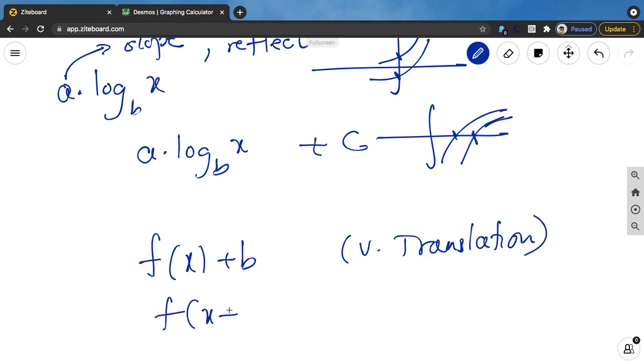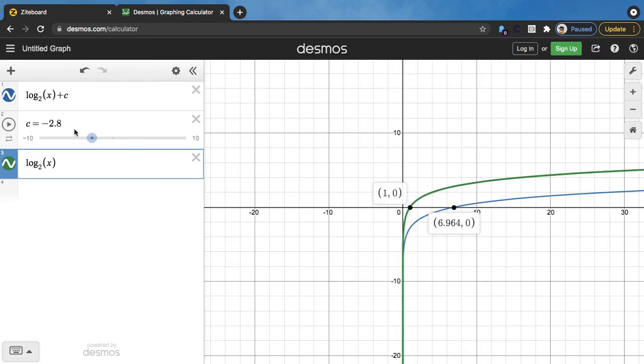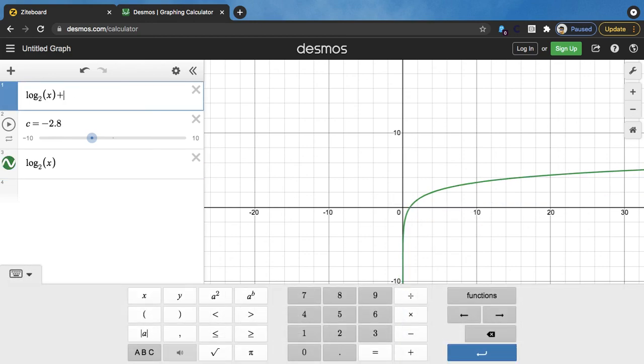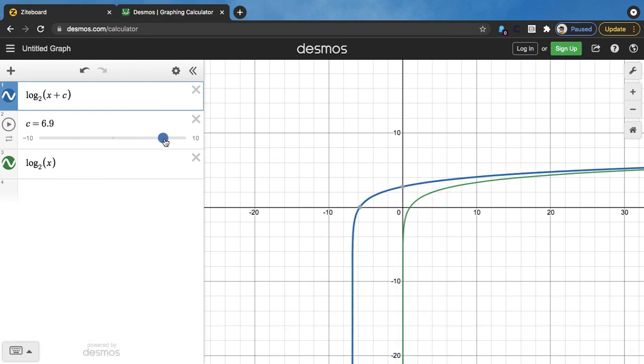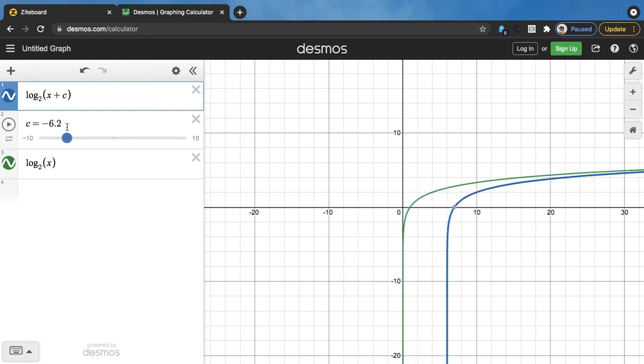f of x plus a. Let's look at this transformation with the logarithm. So instead of adding outside, what happens if I add it inside? And now if I change x, what is happening?